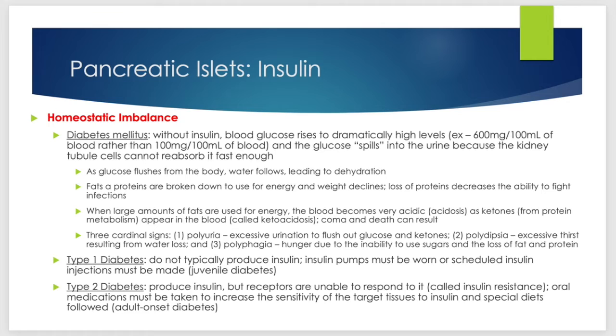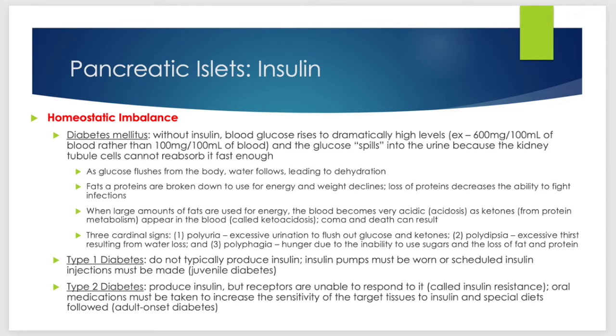Type 2 diabetes is considered adult onset diabetes because people usually develop that later in life. There is a genetic component to type 2 diabetes, but not all of the time, and sometimes you can reduce your risk of type 2 diabetes by controlling your diet and exercising.